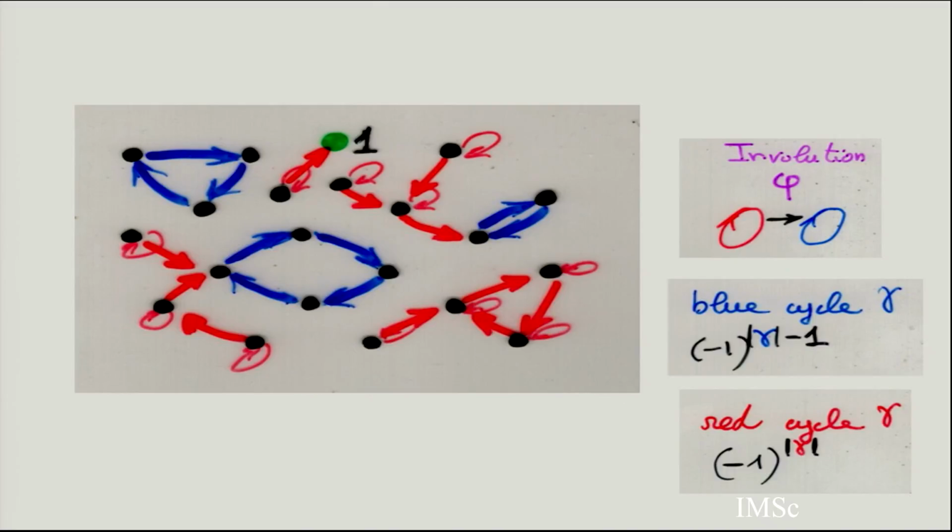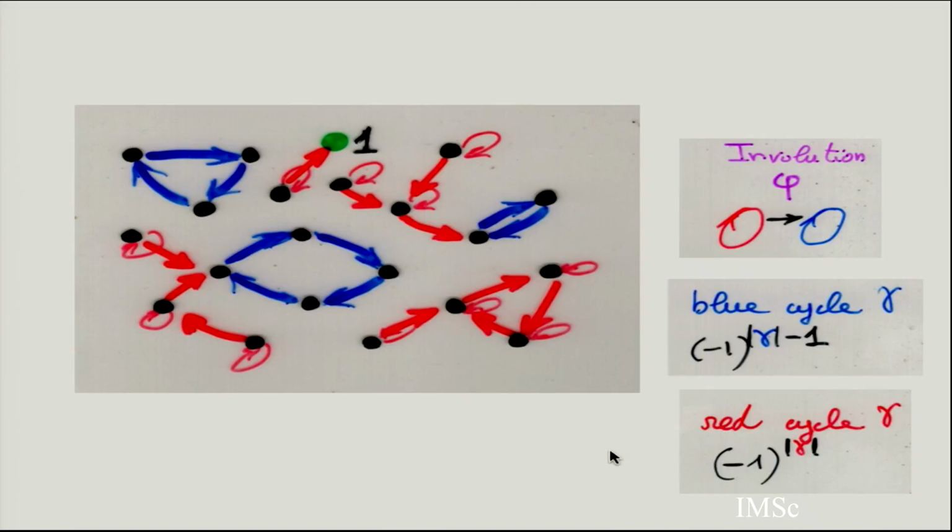But what is the weight? The weight of the blue cycle was the number of inversions of the cycle, which was -1 to the power of the length minus 1. And the red cycle, is it this?